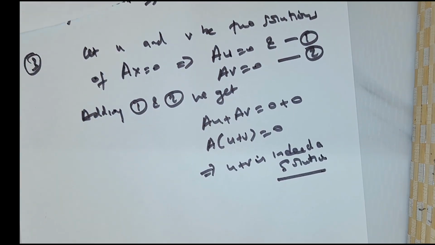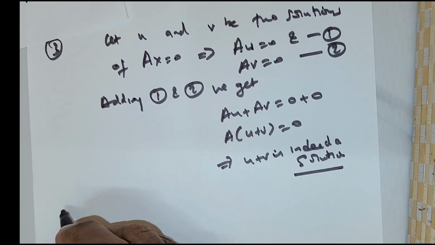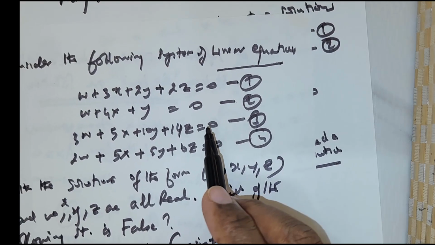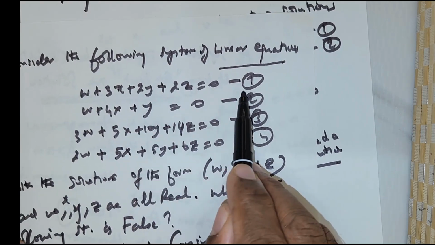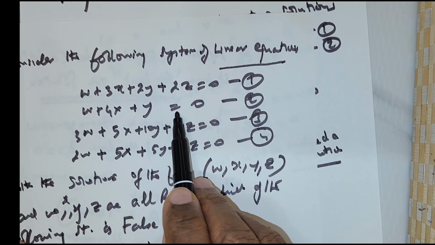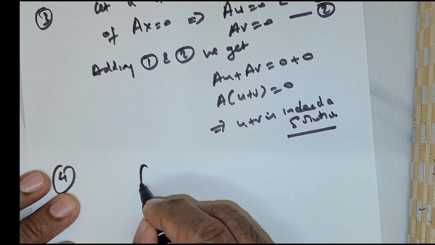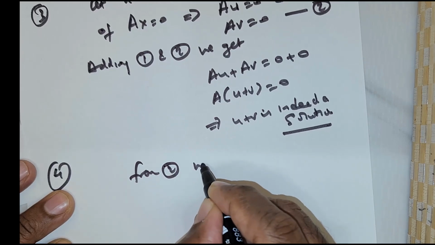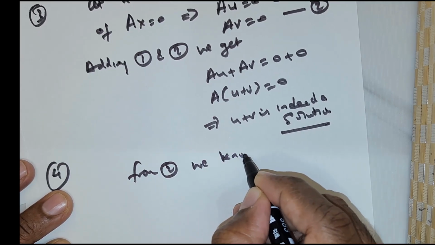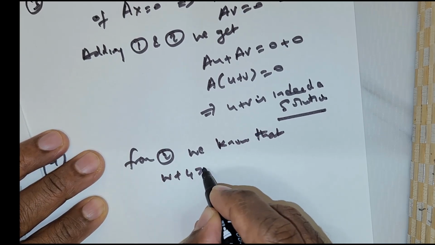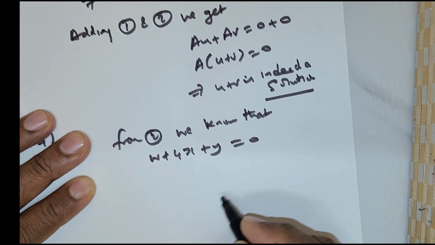That's very important. Now to get to question number 4, we will have to check the variables or the system. So I'm going to choose 2. So from 2, we know that W plus 4x plus y is equal to 0.